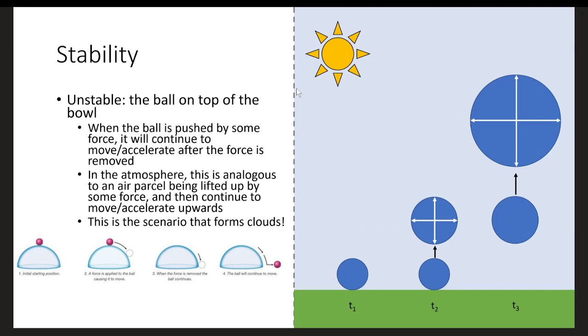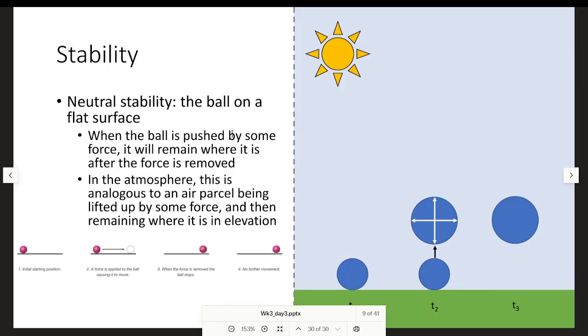This scenario forms clouds. An unstable air mass, if you get it moving from the surface, is just going to keep moving in the direction that you moved it. It doesn't like where it was originally, so it's going to keep moving until it finds somewhere it likes to be.